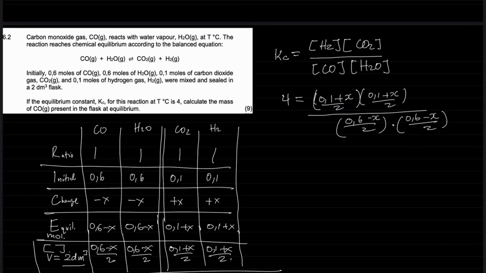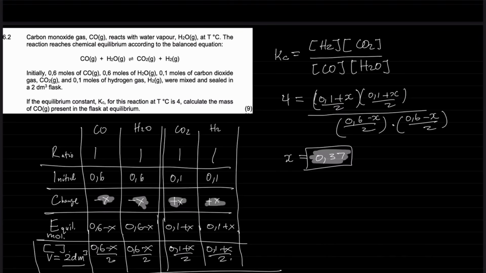Now you can substitute this in your calculator and solve for X. So X will give you 0.37, and this represents the change. So this X value is these X values right here.